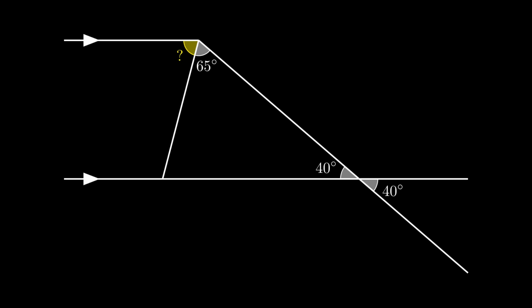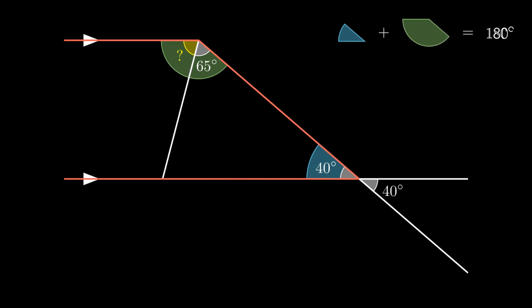We often just want to bring the angles we know closer to what we're trying to work out. Then we might recognize one of our patterns because the parallel lines form a container here that tells us that this blue angle and this whole green angle up there must add to 180 degrees. We called them cointerior angles.